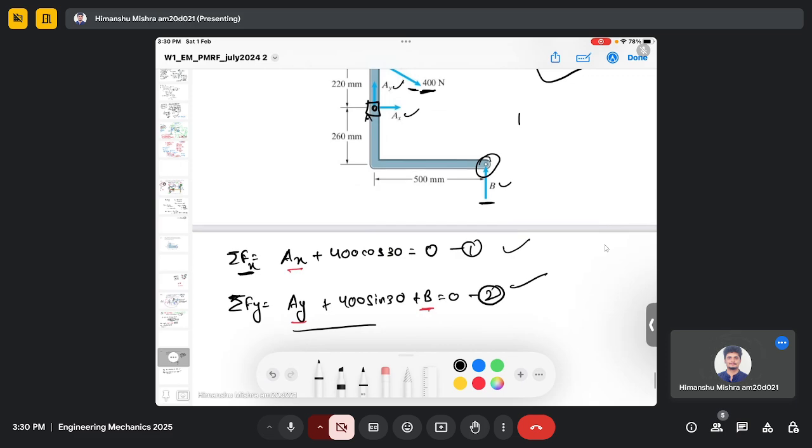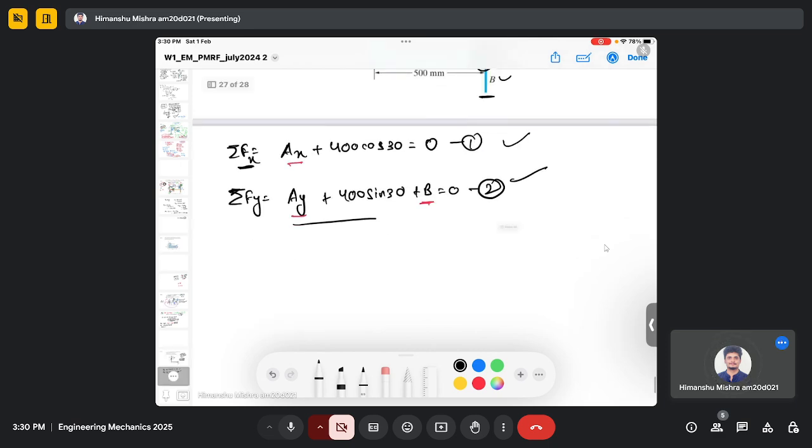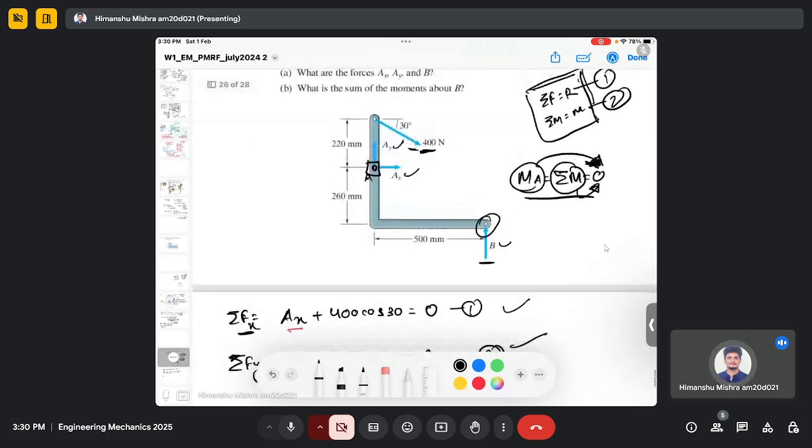So we can actually use this equation. The moment at point A is 0, which is given in the question. So we can sum the moments at point A and equate it to 0. So it will be MA, and a moment will be caused by force B because it has a perpendicular distance of 500 millimeter. And let me draw the components of the 400 Newton force.